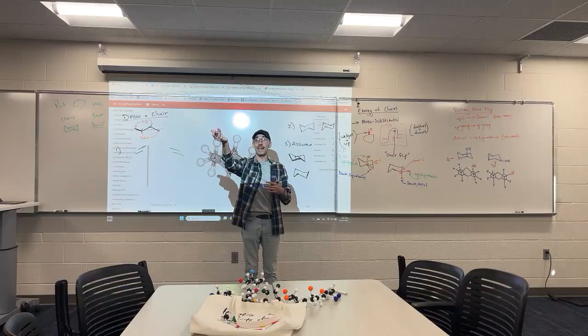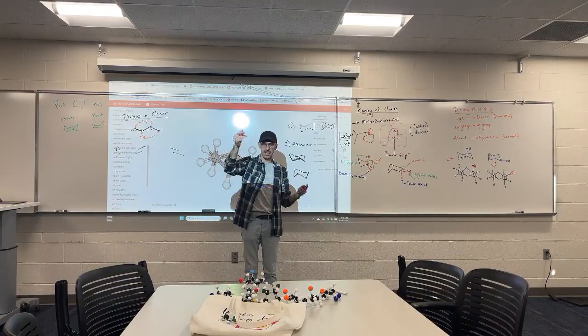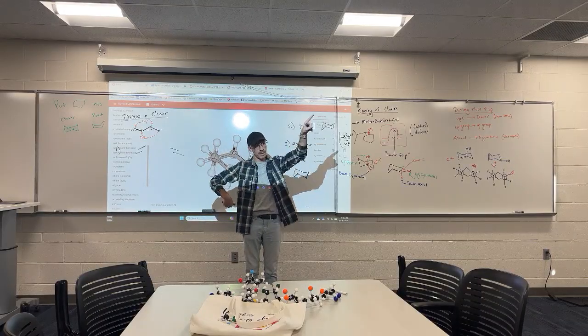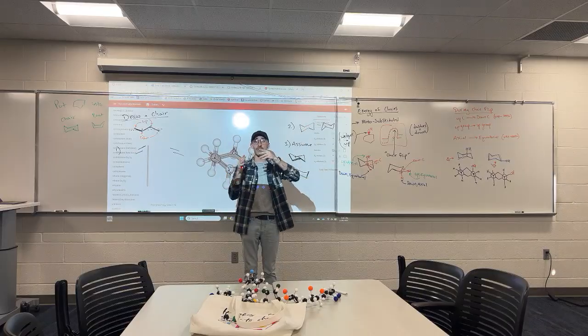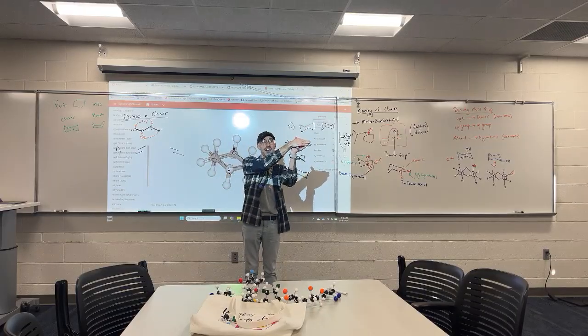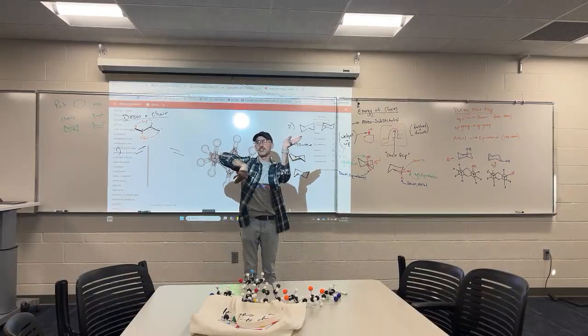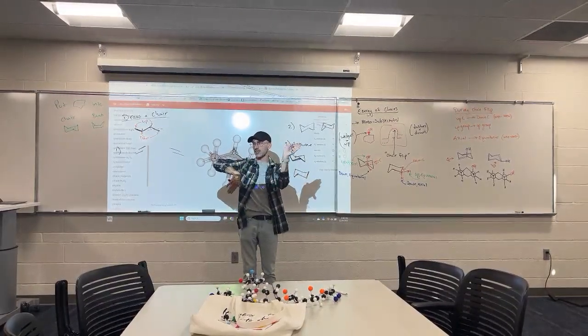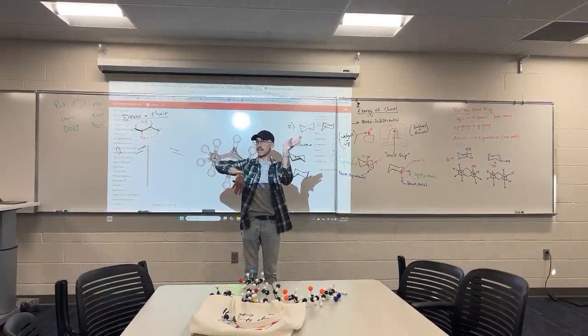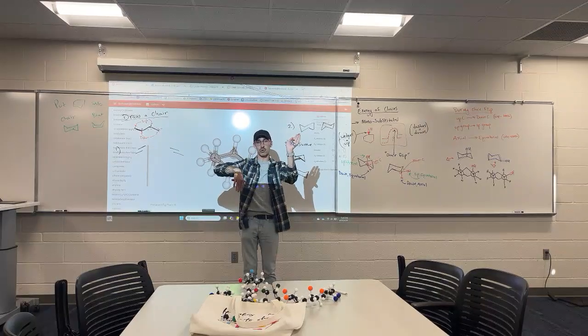In fact, if you have a wedged and a dashed group on separate carbons, then those will be anti, because we notice that being wedged puts you on one side of a Newman projection, and being dashed puts you on the other. So anti-groups are wedged and dashed, or sometimes anti-groups are the in-plane groups.